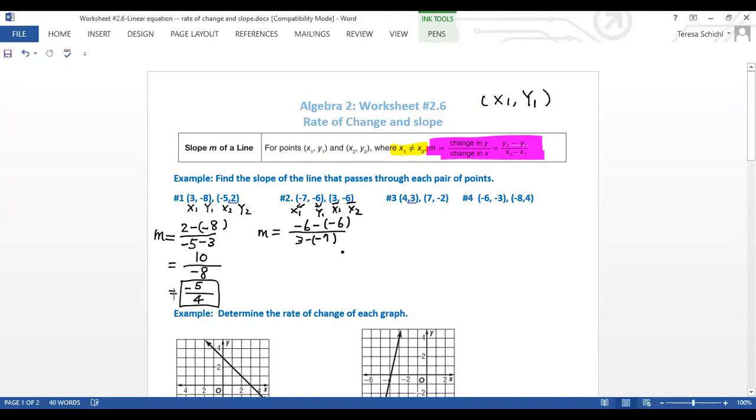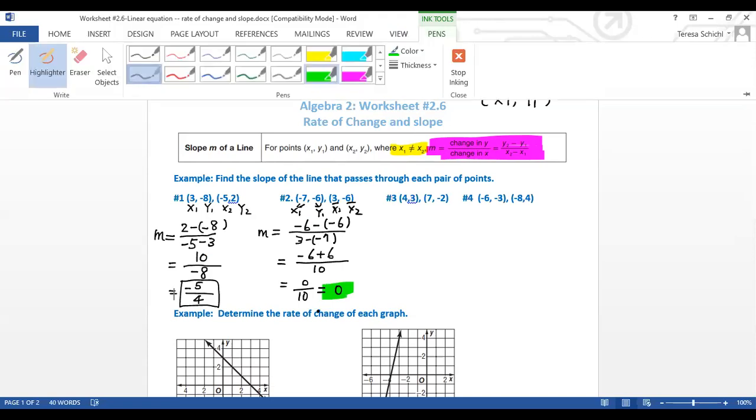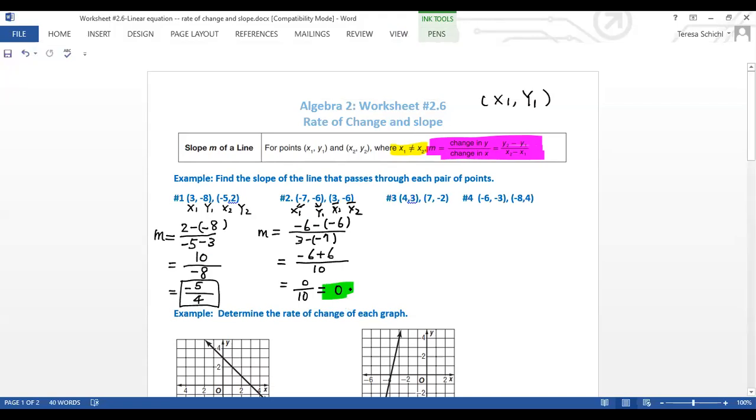Minus minus becomes positive, so 3 plus 7 is 10. Then -6 plus 6 is 0. What I have is 0 over 10, so the slope is 0. This is the one we discussed a while ago. What does your line look like? It's flat ground, not rising and not going downhill.